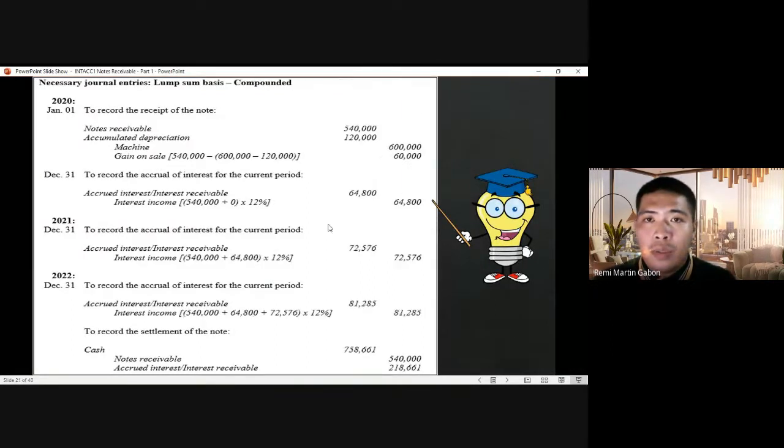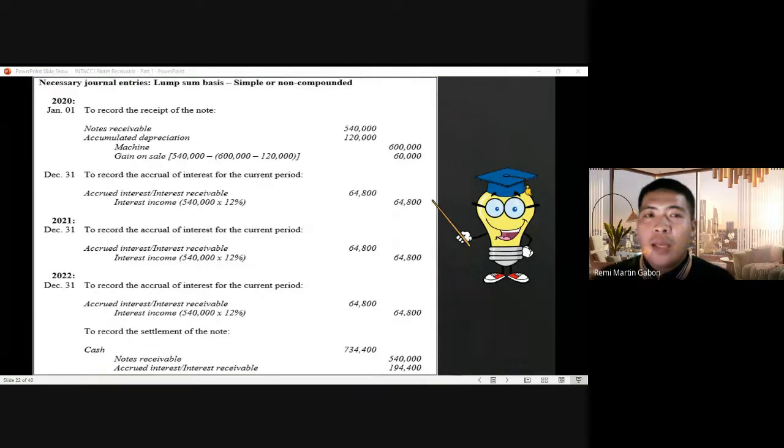Kung papansin nyo, walang pinagbago. Ganun pa rin. So yung accrual of interest is still at 64,800 as of 2020. Pero sa simple or non-compounded, the same 64,800 ang makikita sa journal entries ng accrual sa 2021 and 2022. Reason, we are not compounding the interest.